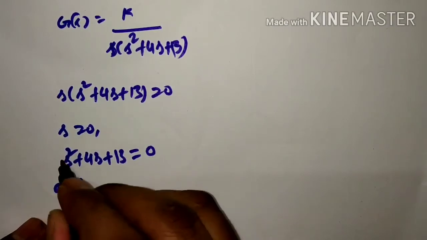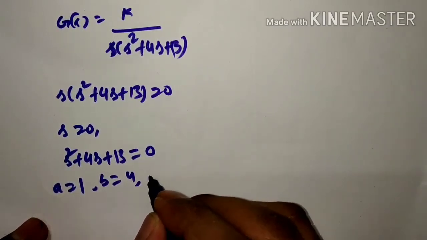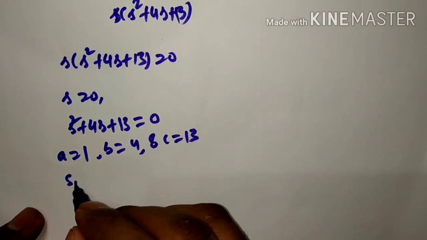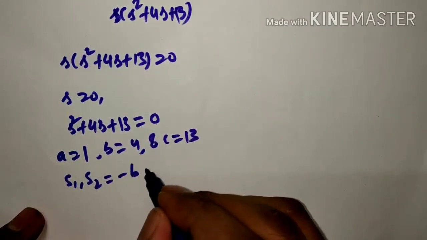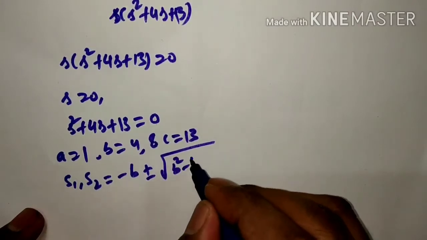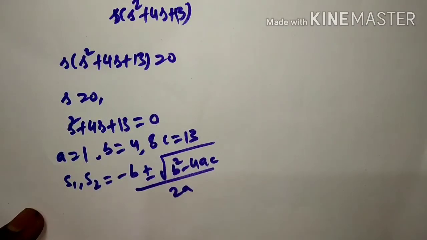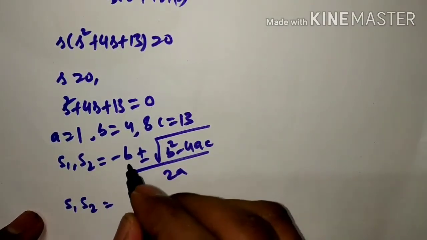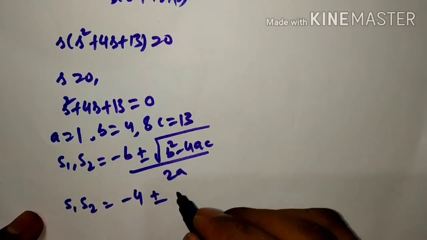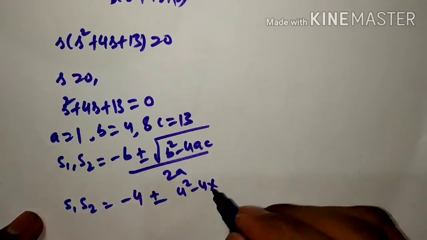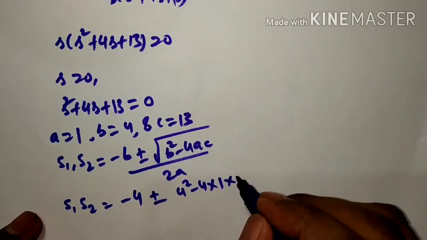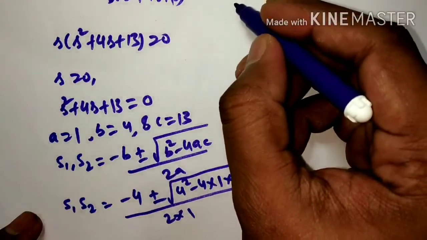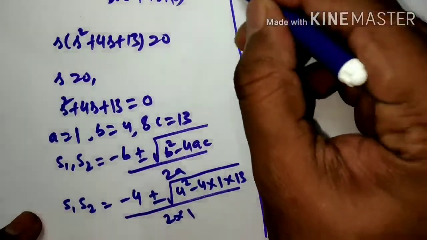Here a = 1, b = 4, and c = 13. The quadratic formula is s1, s2 = (−b ± √(b² − 4ac)) / 2a. Substituting, s1, s2 = (−4 ± √(4² − 4·1·13)) / 2.